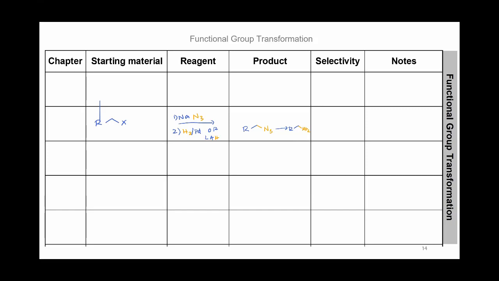The next way is the Gabriel synthesis. And in this one, you actually start with phthalimide. So your nitrogen source is right there in that ring.